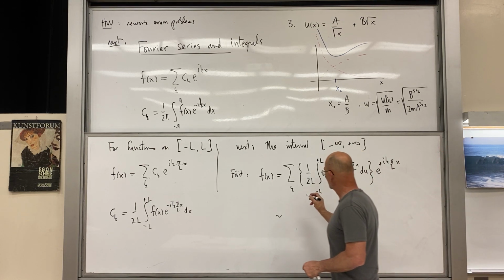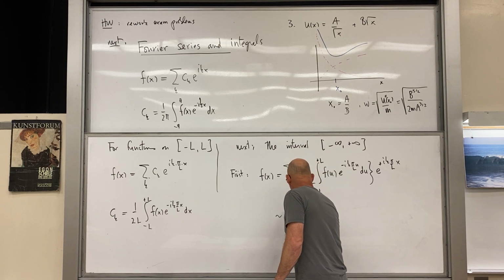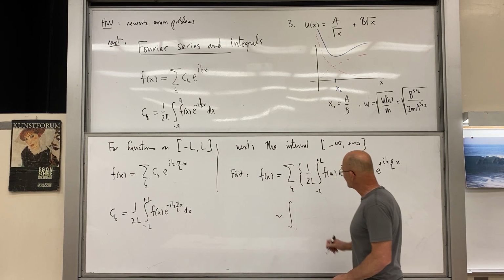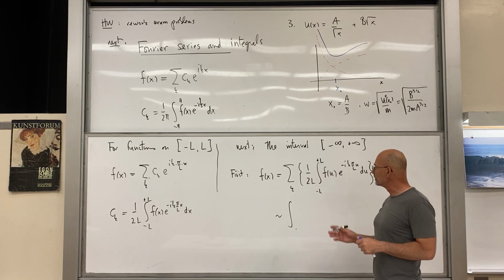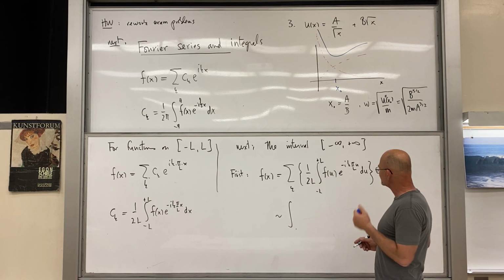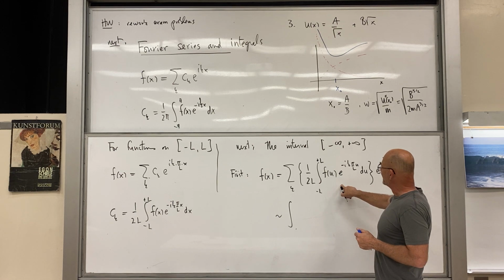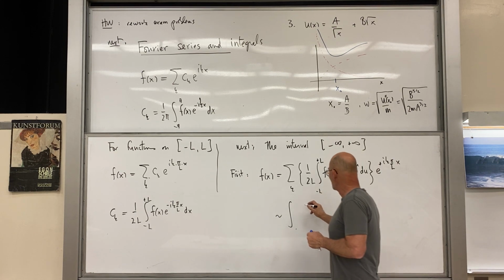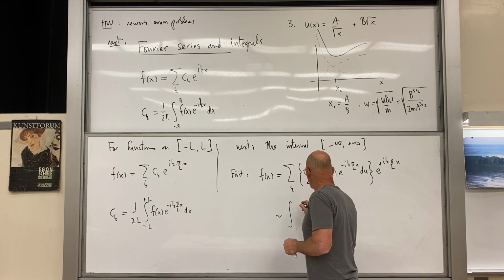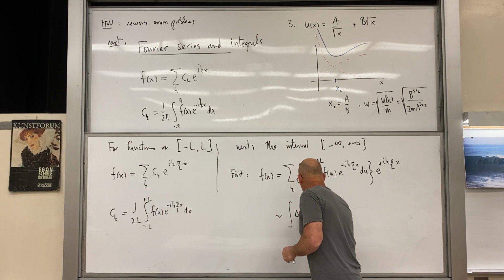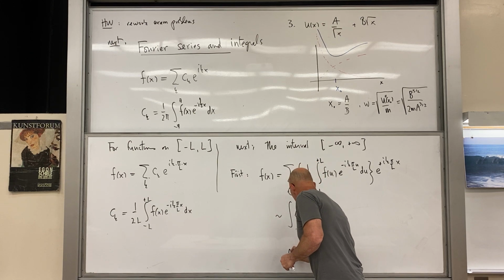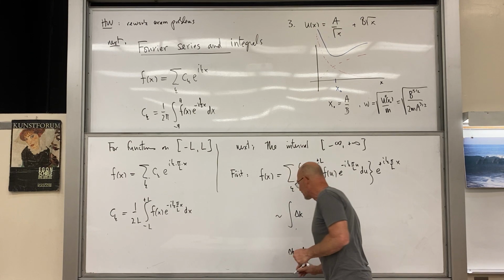So let's do this. We're going to have an integral, okay, and since I'm summing over k, my dk is just a unit wide. I'll write delta k. Delta k right here is just equal to 1.